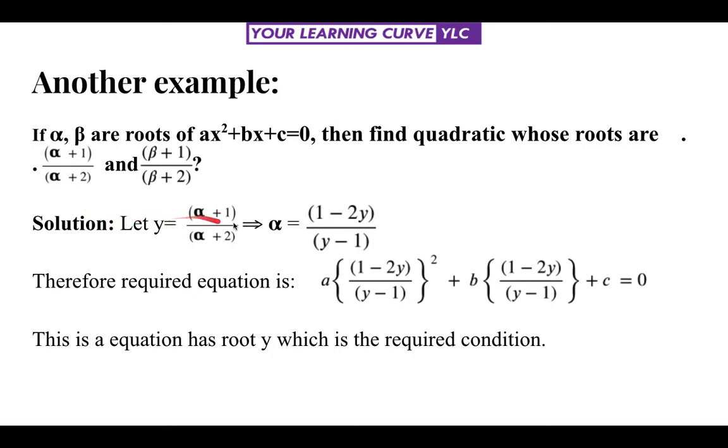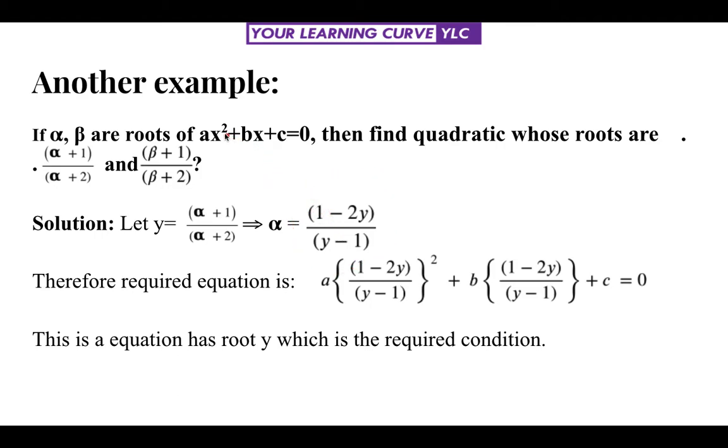When we got the value of alpha in terms of y, since alpha is the root of the equation, a alpha square plus b alpha plus c must be equal to 0, that is, alpha satisfies this equation. Alpha is nothing but this value, so this value should also satisfy the equation.